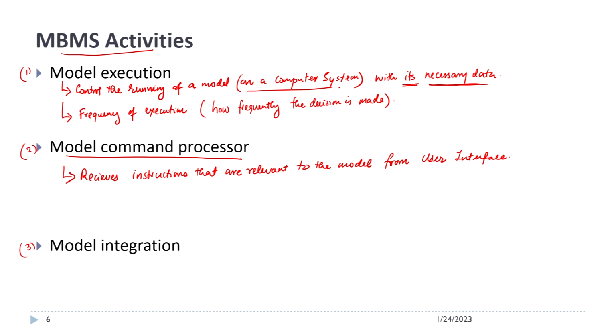Okay. So, the user uses the user interface to interact with the system, and whatever in the user interface is associated with the model, it receives that instruction. The instructions are obtained or collected from the user interface, and the main thing is only the instructions that are relevant to the model.